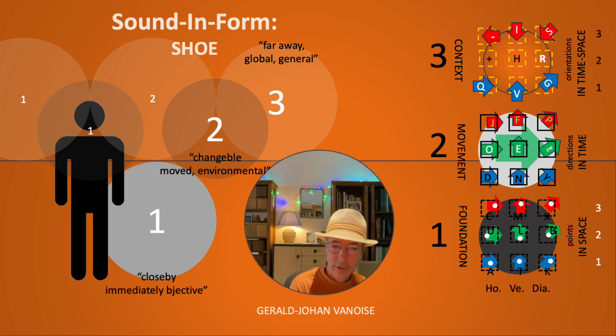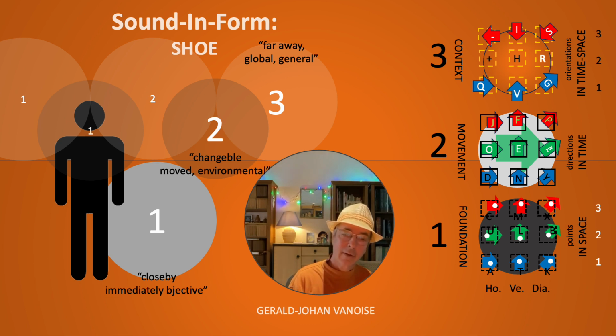And of course, what is in one center is also the things that are close by, that immediately are objective, that I can use immediately as my objective, while when you use two center points, it's all about changeable things, about moving things, and you find them in the environment.